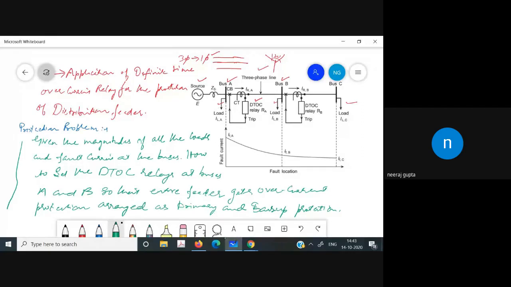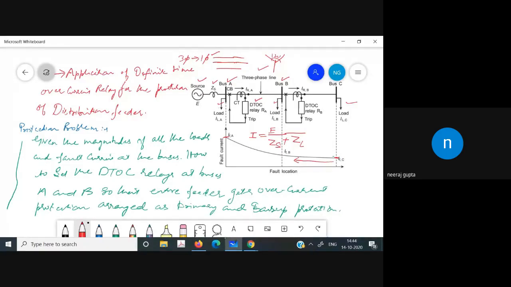One more point is that, as we have seen, as the fault moves towards the source, the fault current increases. Here the fault current is more as compared to this point. This is because the current is given by the source E divided by ZS, the source impedance, plus ZL, the impedance of the line.